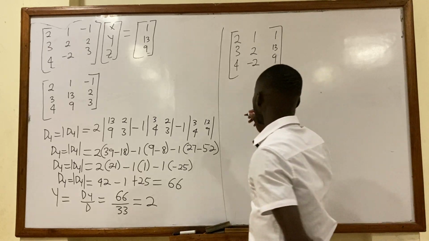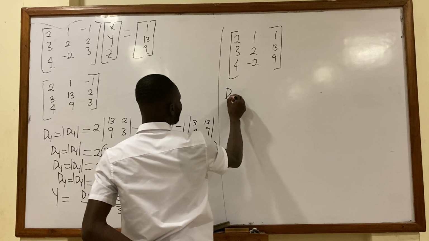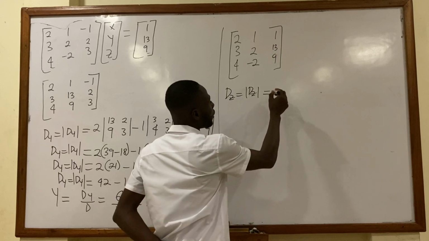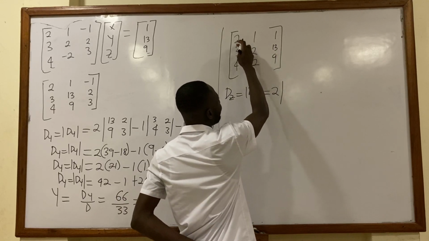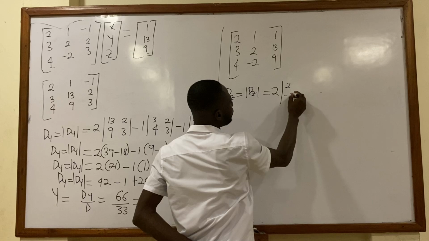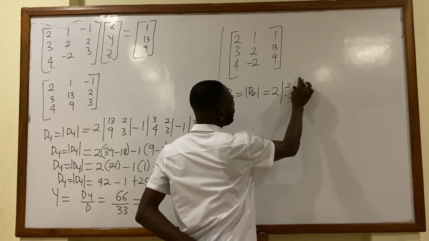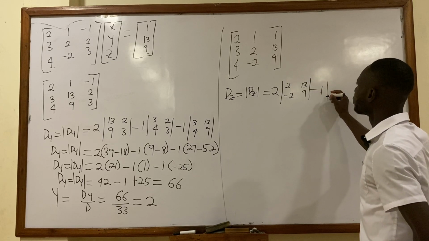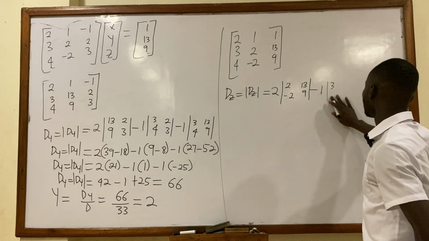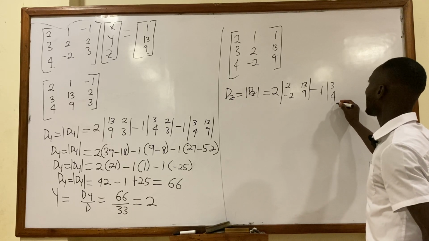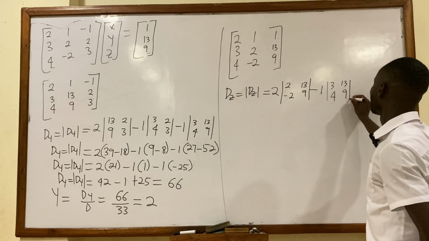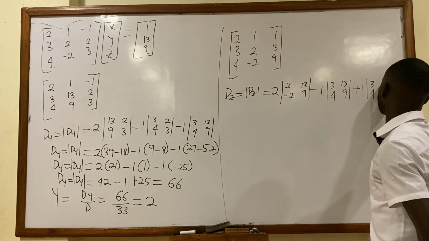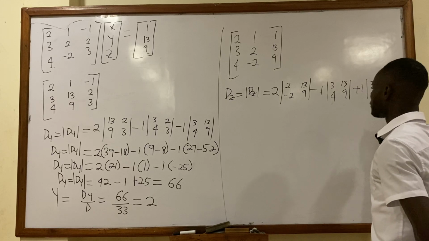right? So to find the determinant of the z, it is equal to 2 into, we avoid this row and this column, so we have 2 next to 13 and 9, and then minus 1 into 3 and 4, and then 13 and 9, plus 1 into 3 and 4 and 2 and negative 2, right?